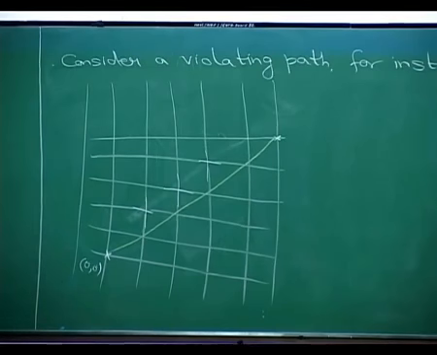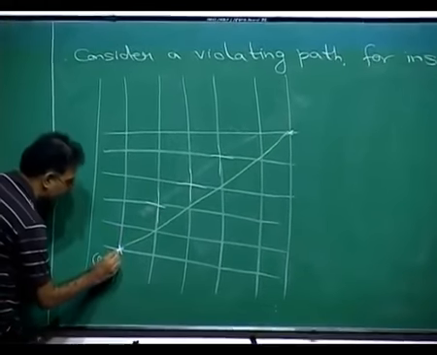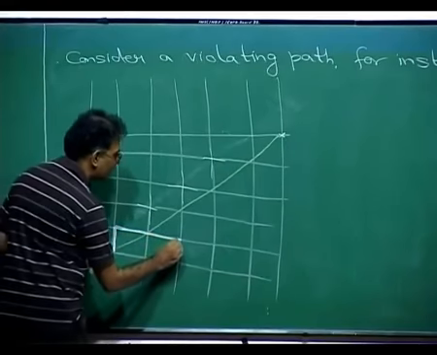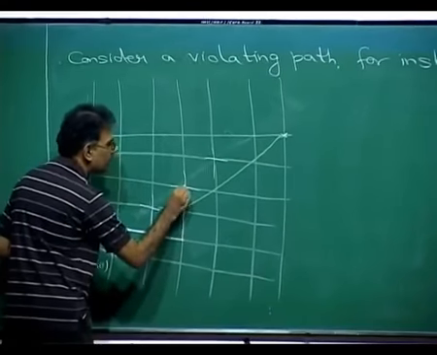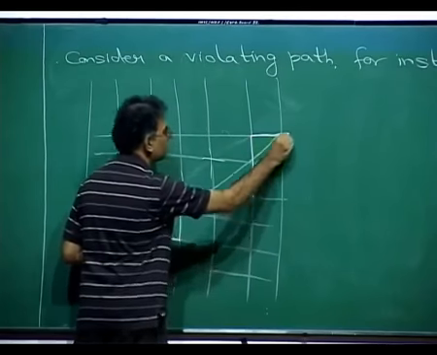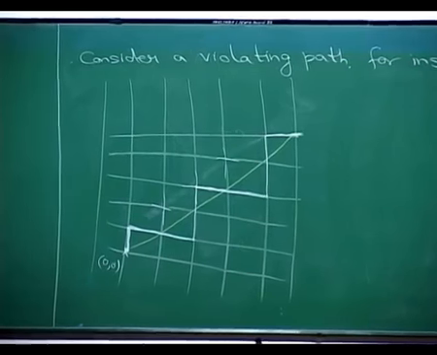A path from 0, 0 to 5, 5, which at some point goes below the diagonal. For example, maybe I go up and then go below the diagonal here and then do whatever. Maybe I go below the diagonal again. Some path. Maybe I should do that in a different color.